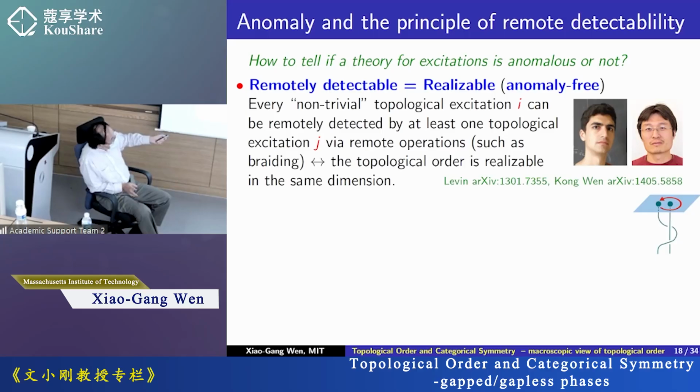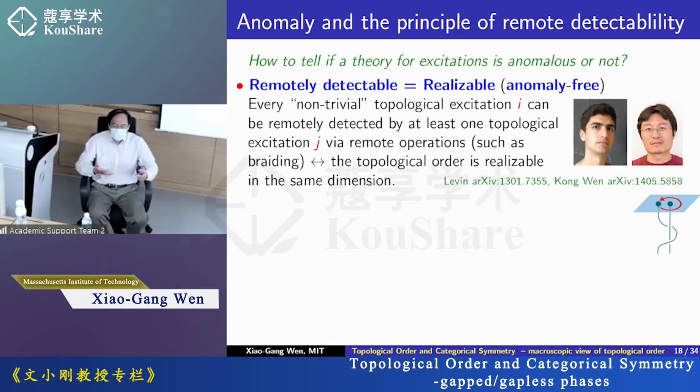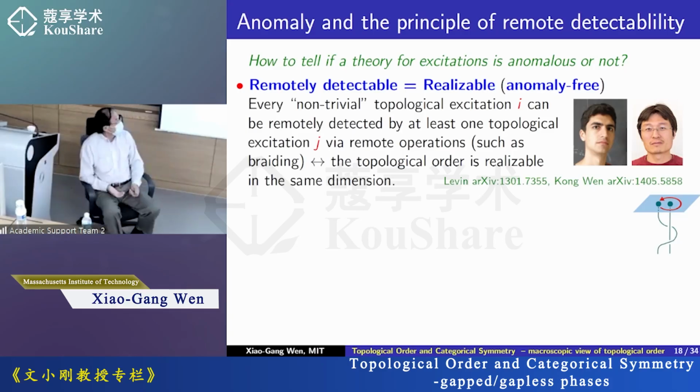So there's another requirement I didn't put in: the topological excitation should be detectable remotely. In a reasonable realization, this should be detectable remotely. If that happens, it can be realized by a lattice. If not, it's not realizable by a lattice.